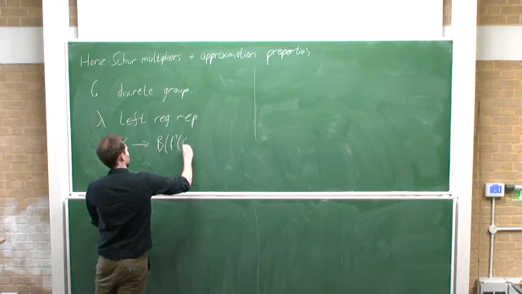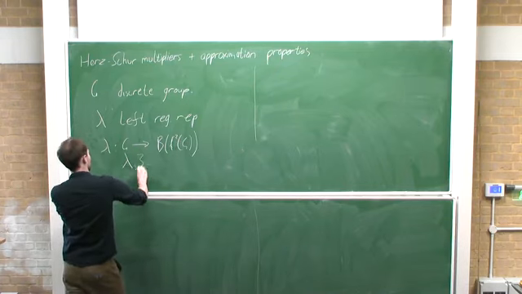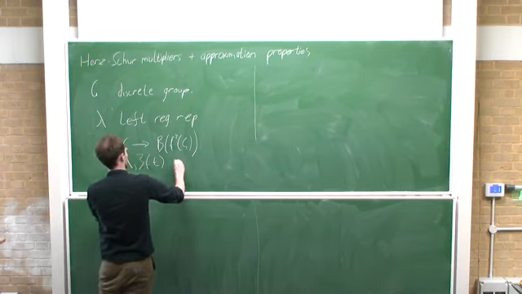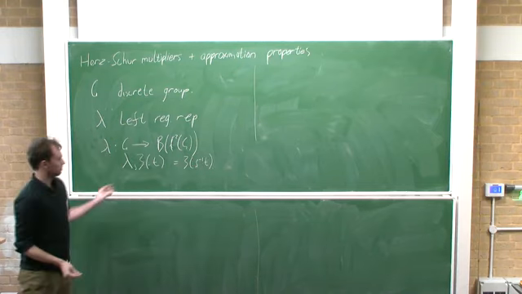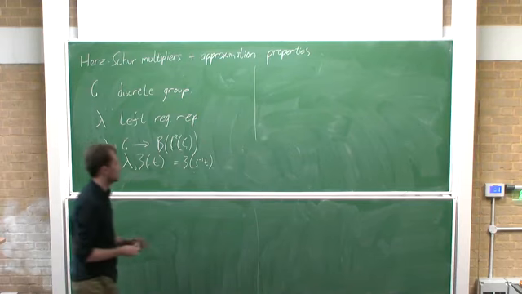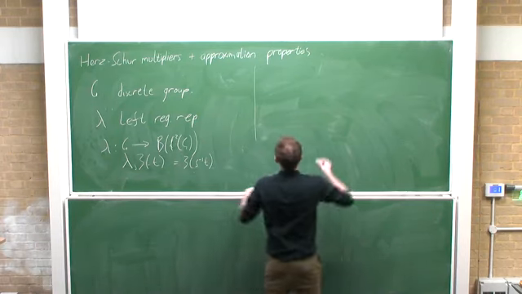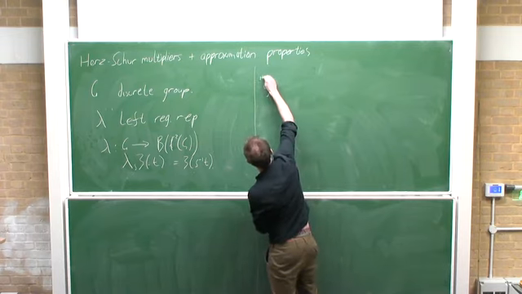This looks like this. And from this, we build some operator algebras. The main one I want to talk about is the group C-star algebra, or the reduced one, I should say.